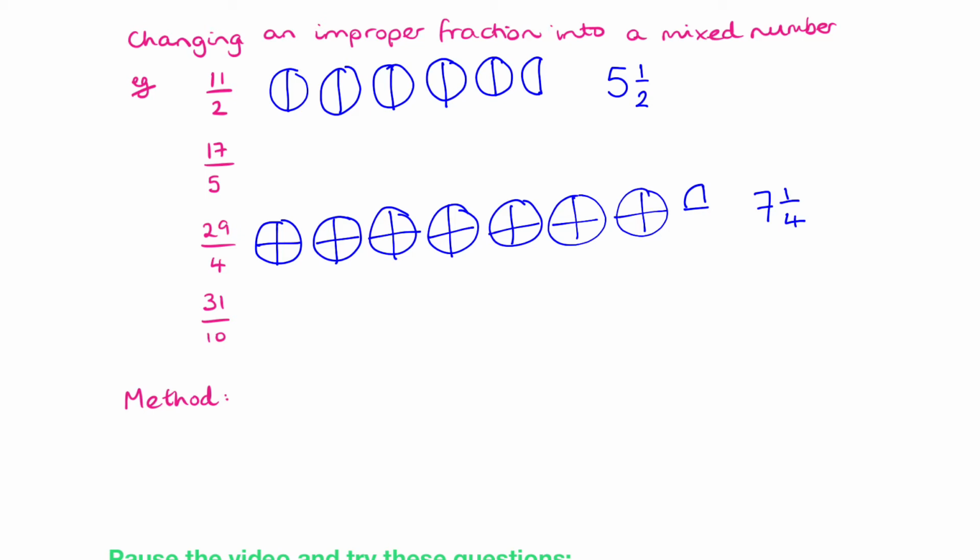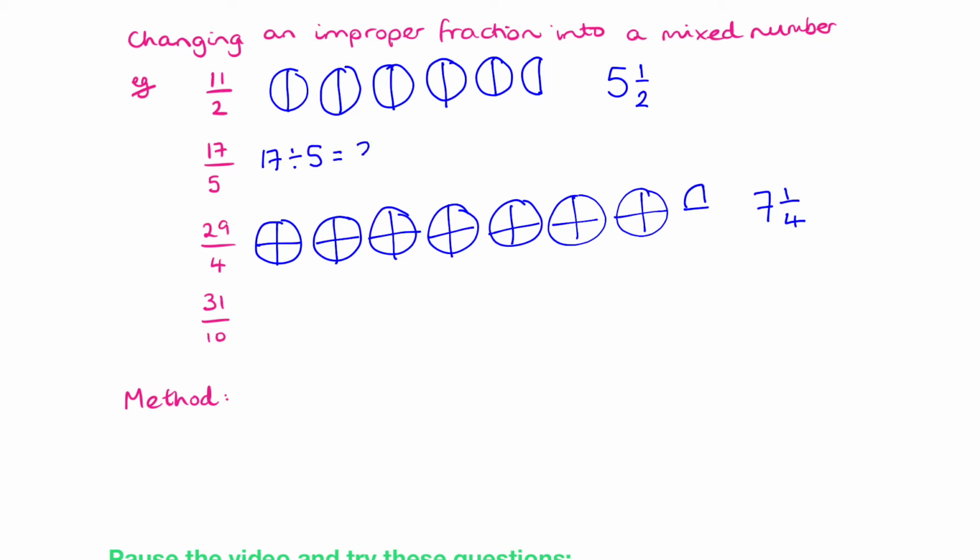So this means 29 divided by 4. If you work out 29 divided by 4, you'll find there are 7 4s in 29 and 1 left over. If we look here, 11 divided by 2 is 5, remainder 1. So let's see if we can work out 17 over 5 then. That would be 17 divided by 5.